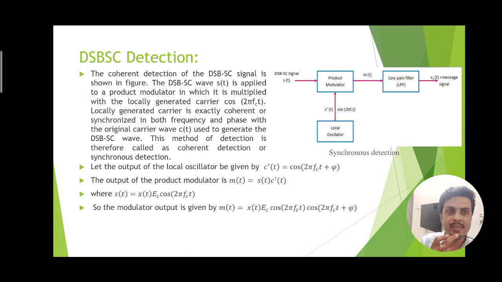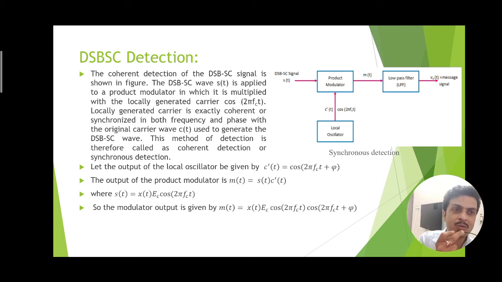That means this carrier signal is multiplied with the modulated signal. So in the product, the carrier signal will be squared. If it is squared, the average value is half, which can be obtained by a low pass filter. Therefore, the message signal can be easily extracted.